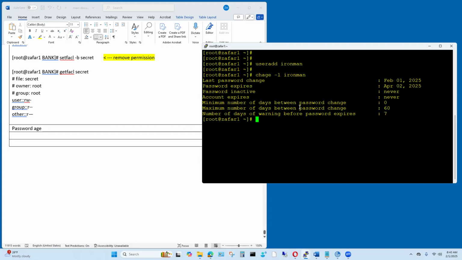I don't have. It's like never. And the number of days warning. Number of days between password changes, mine is 9999. You have a 60. Oh, yeah, I have the same thing. I have February 1st, never, never, never. 0, 9999, and then 7. Yep. God, I don't know why it's doing that.